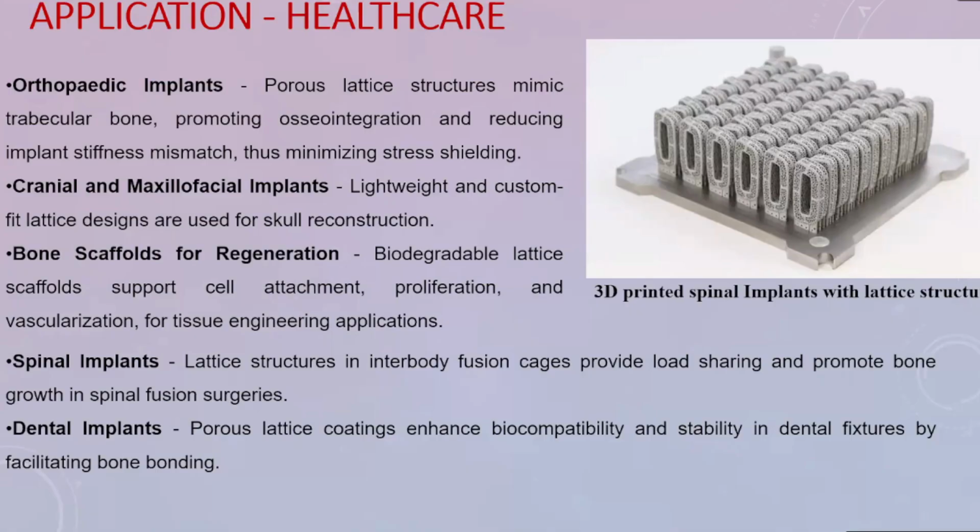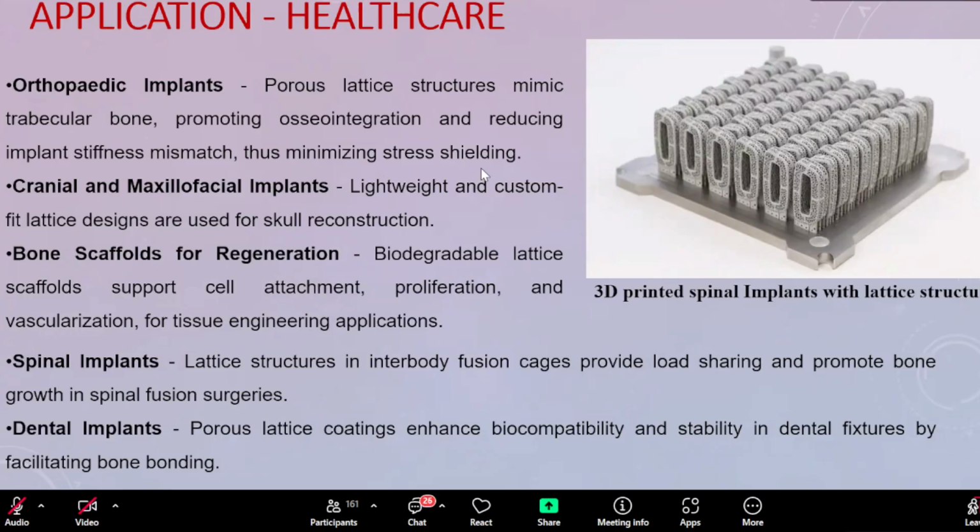Or if we have a reduced size of the implant, we can't fix it properly. So we can have a trade-off between the size and the density of the implant with the help of these structures, thus minimizing the stress shielding effect.